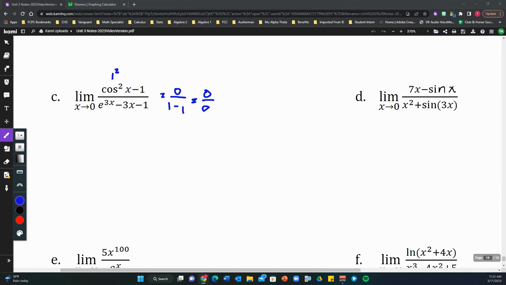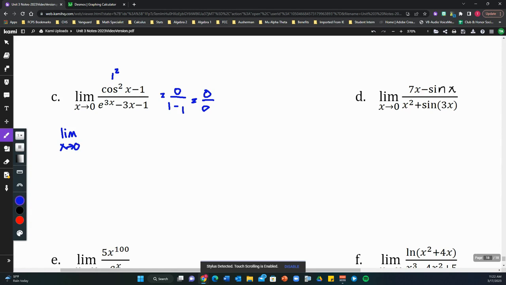Now we apply L'Hopital's. So for the numerator, we would need to take the derivative using a chain rule. So cosine squared, that's really a u squared function where u is cosine of x. U prime then would be negative sine of x, and then that constant is just going to disappear. Again, that is not a part of the argument, so we don't need to worry about that. So u squared is going to turn into 2u times u prime.